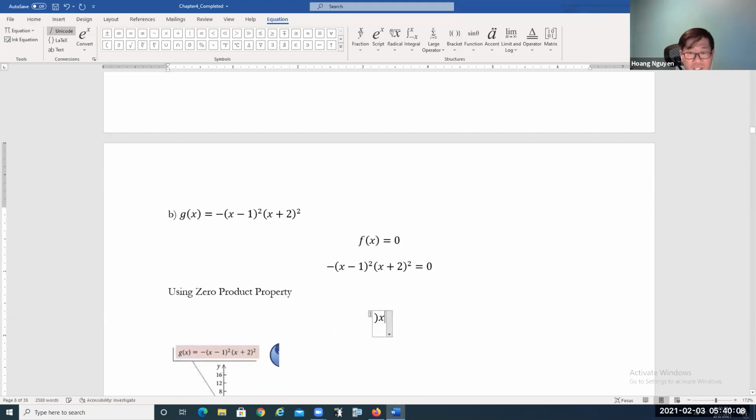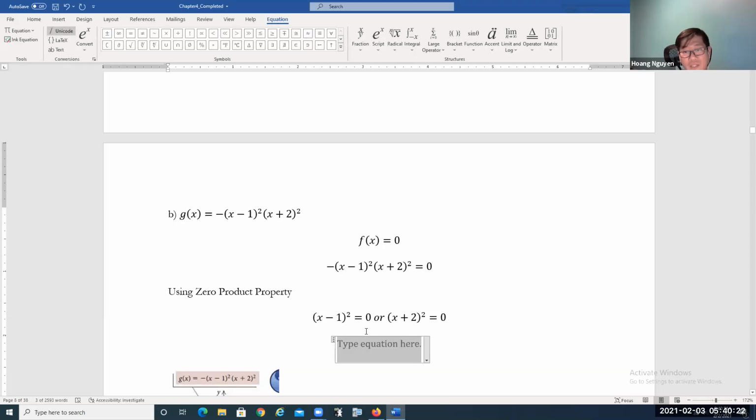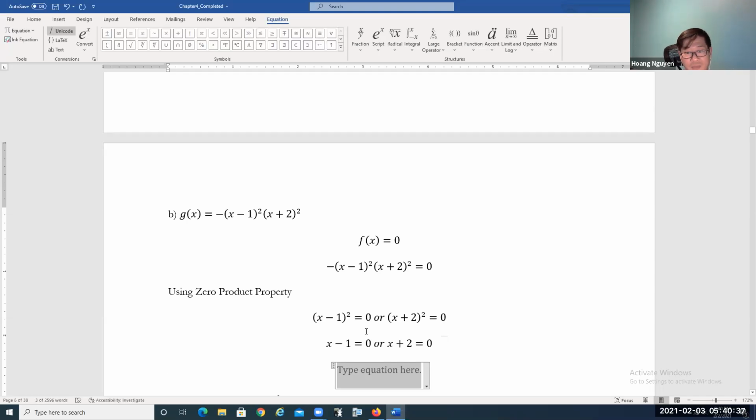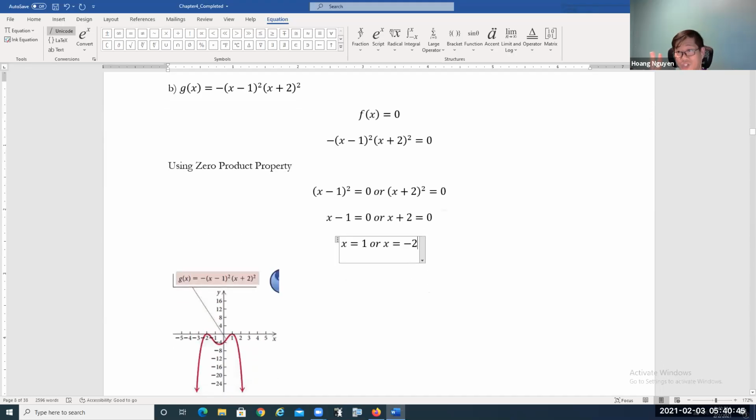So the first factor, (x minus 1) to the power 2, is equal to 0, or the second factor, (x plus 2) to the power 2, is equal to 0. (x minus 1) squared equals 0 is only true if x minus 1 equals 0, or x plus 2 equals 0. Solving these related equations, x minus 1 equals 0 gives x equals 1, or x equals -2.